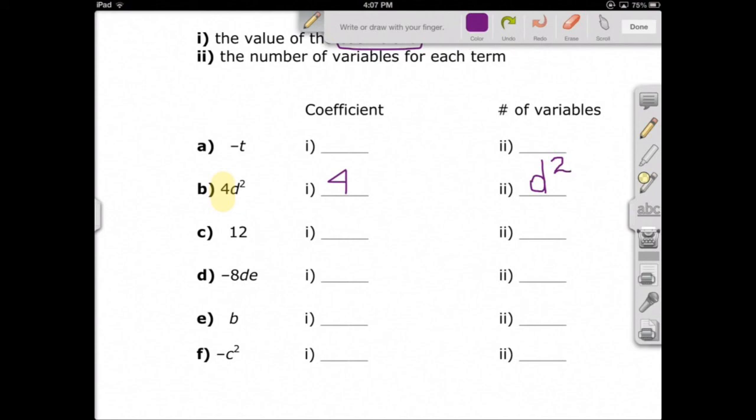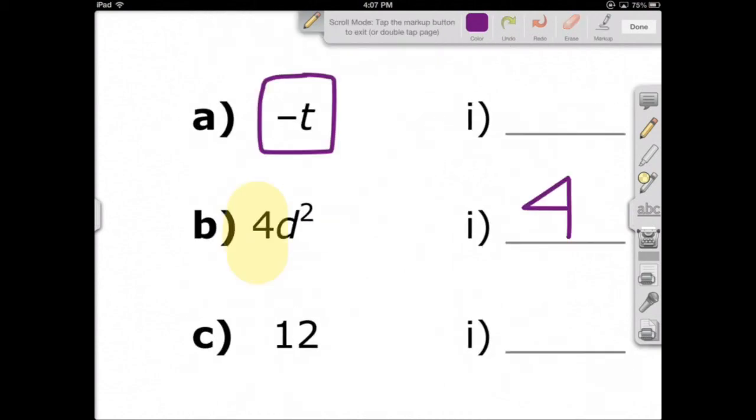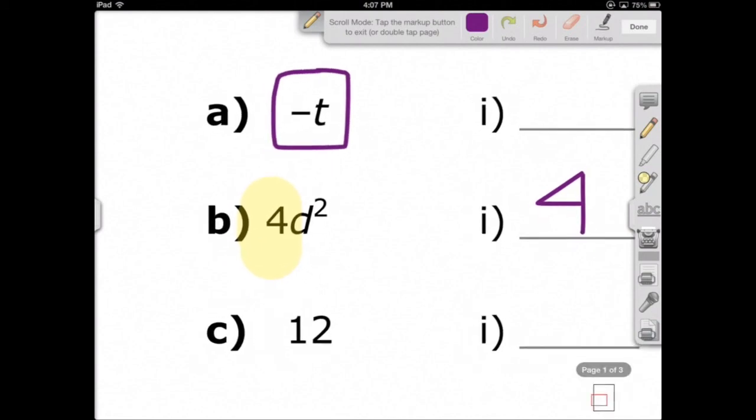If we look at this minus t here, well, we know that the variable, or the unknown, is t. Now how many do we have? I'll zoom in a little bit. It's the negative of t. Well, if I write in a minus 1, like that, oh, now I get it. It's minus 1 times t.